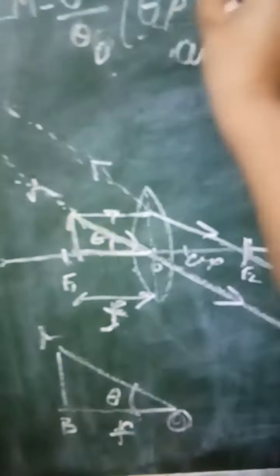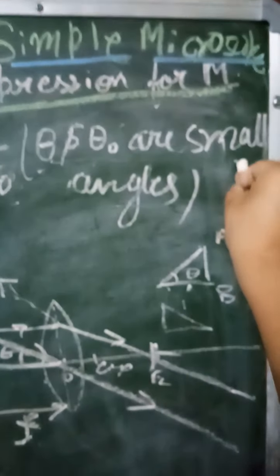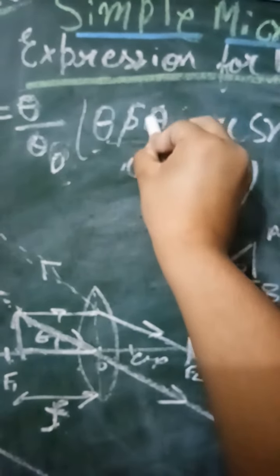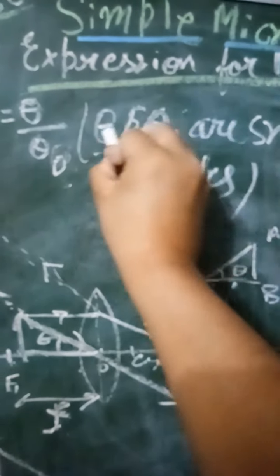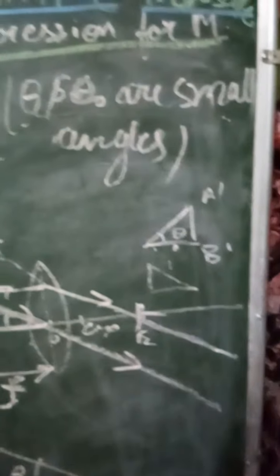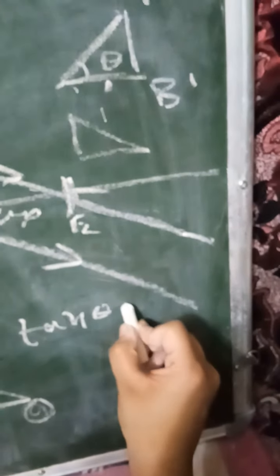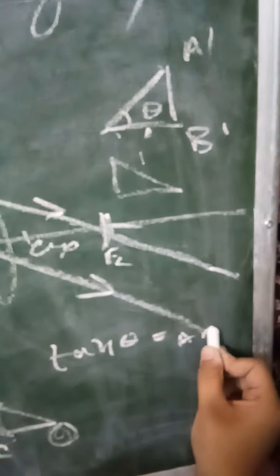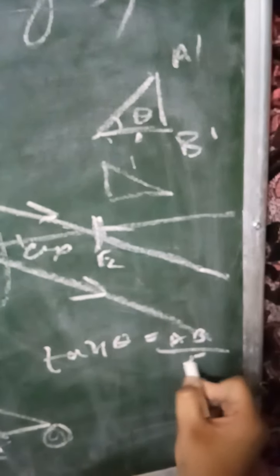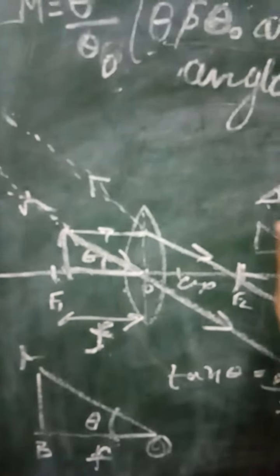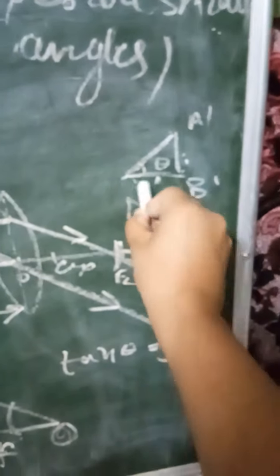If you consider that theta for the object and the angle for the image are small angles, then tan theta equals AB by f, perpendicular by base.